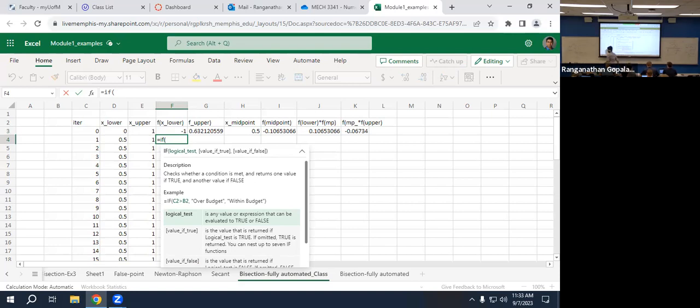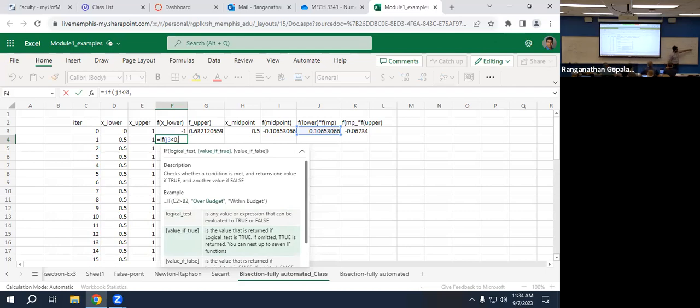That is J3 right here. If J3 is less than 0, what should I do?